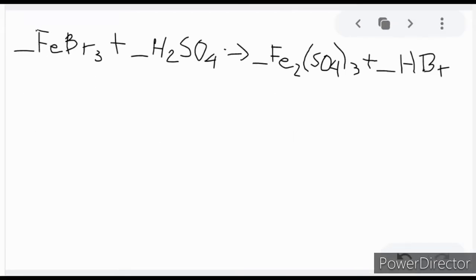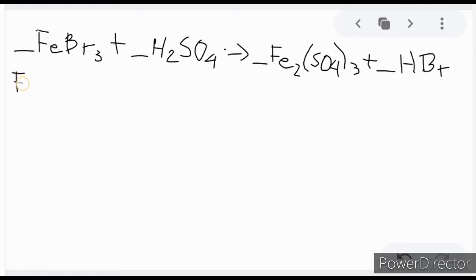Now, let's try another chemical equation. We have blank FeBr3 plus H2SO4 yields to blank Fe2(SO4)3 plus blank HBr. So, analyze first the chemical equation.